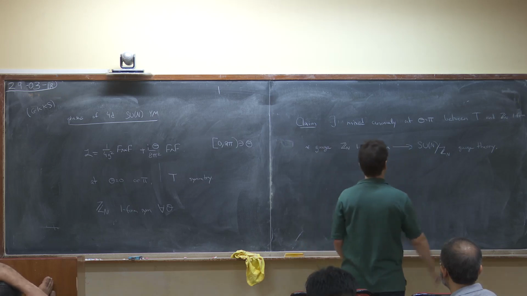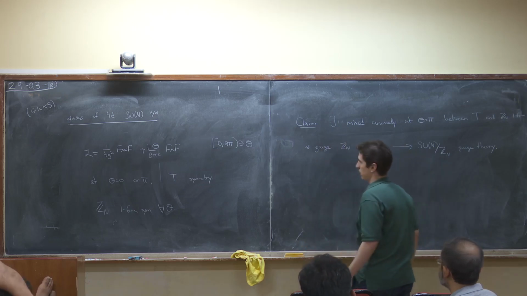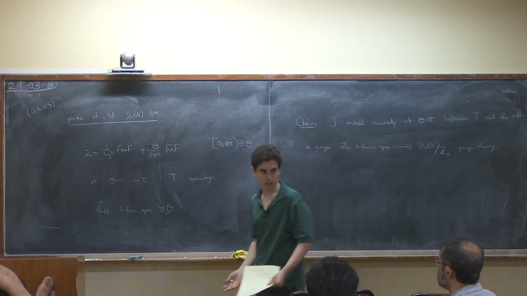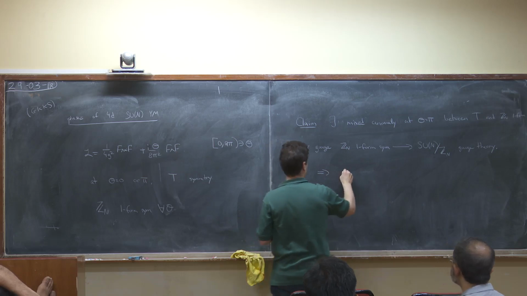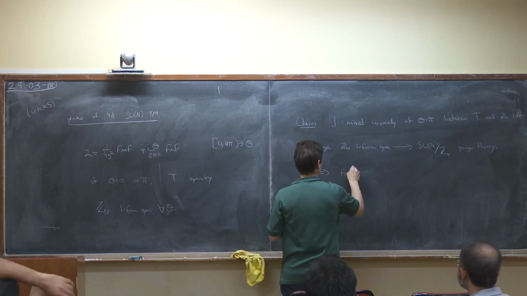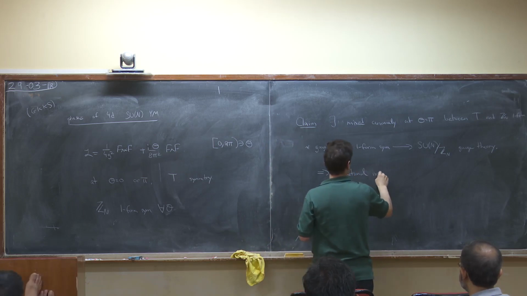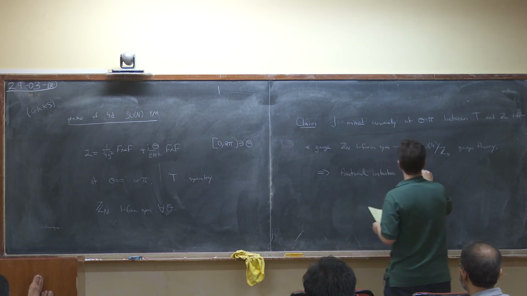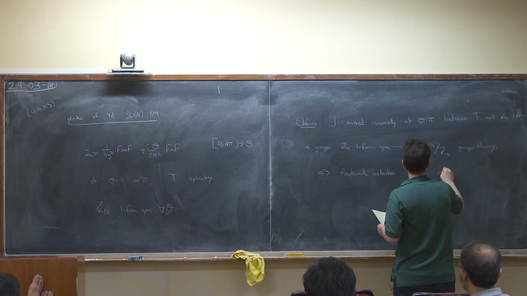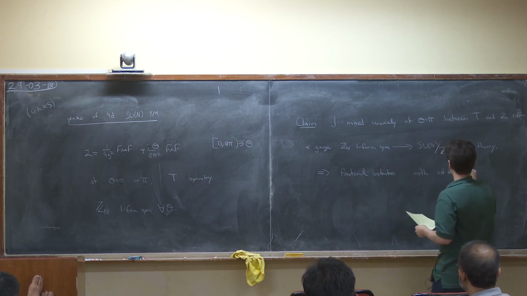As we just discussed, for this global form of the gauge group, there are fractional instantons, with instanton number 1 over n as the minimal unit.